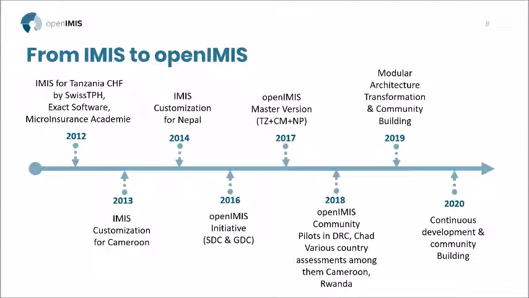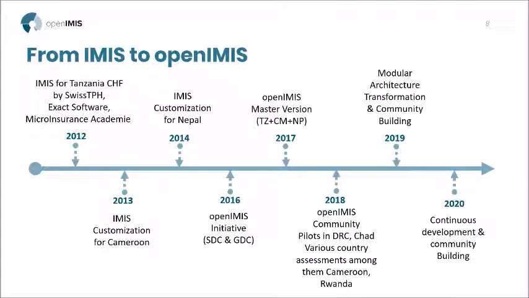And then by 2016, we already had these 3 implementations of the same software, where STC, the Swiss Development Cooperation and the German Development Cooperation decided that it makes a lot of sense to actually release IMIS as an open source software and create a community of practice around it. And in 2016, the openIMIS initiative was born.